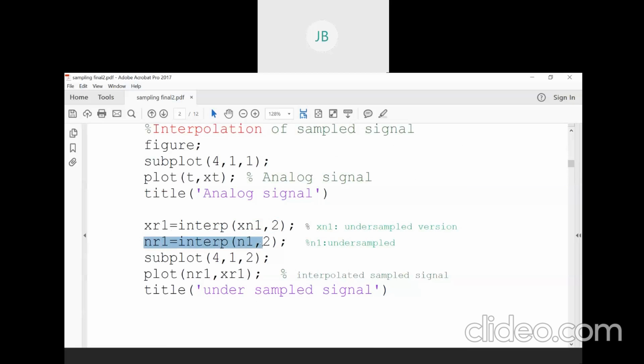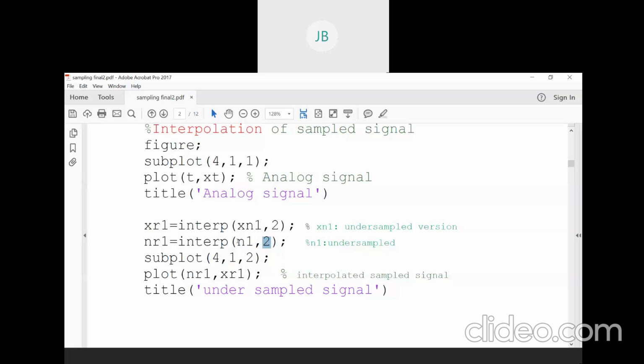Time is also made double, 2 times. That means for every time value we have an amplitude value. So both are 2 times, because if you have a time value, then you will have an amplitude value. So corresponding amplitude values we should match, right? That's why both are increased by a factor of 2 here.